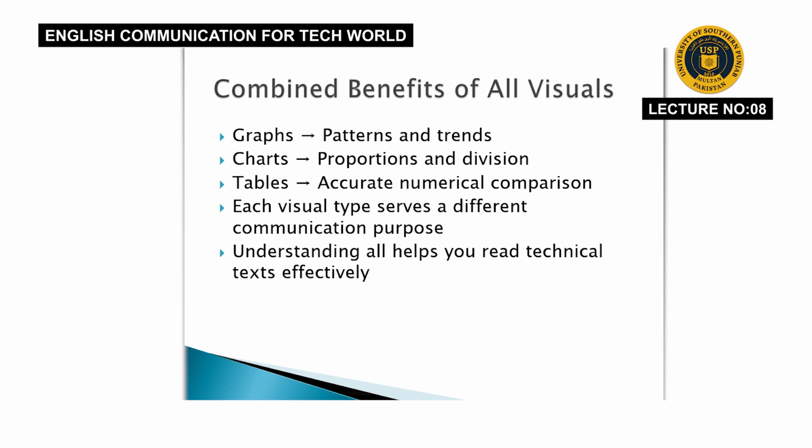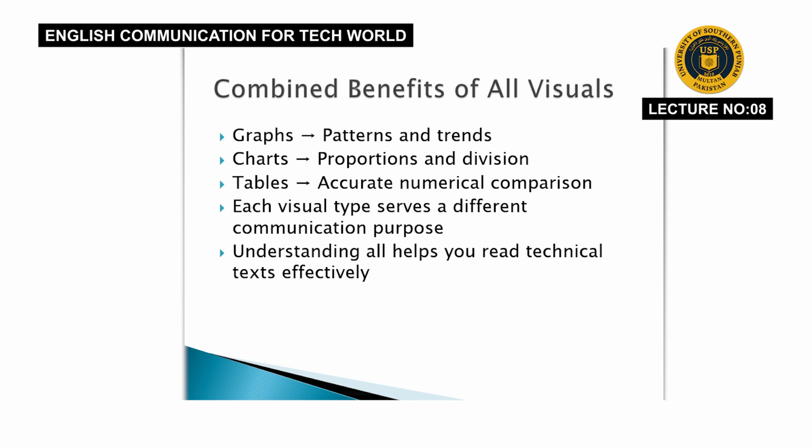So if we conclude, we should remember that each type of visual serves a unique purpose. For example, graphs help you see trends and patterns over time. Charts help you understand proportions and how different parts contribute to the whole. Tables provide exact numbers for detailed comparison.